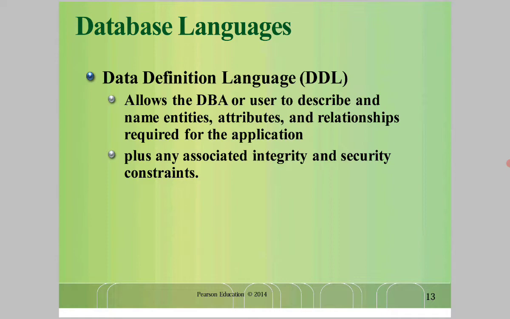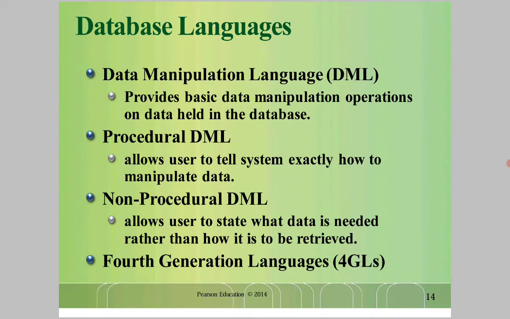Attributes means fields or columns or characteristics of the table. Entities means tables, and relationships among various tables for the particular application. Similarly, we may also create integrity constraints and security constraints, user level constraints, by using DDLs. Next is database languages.